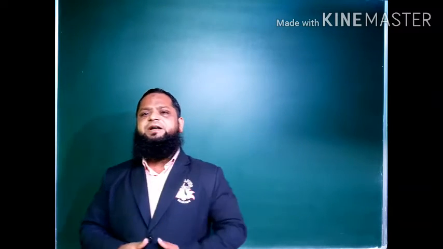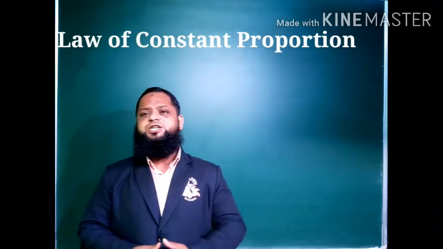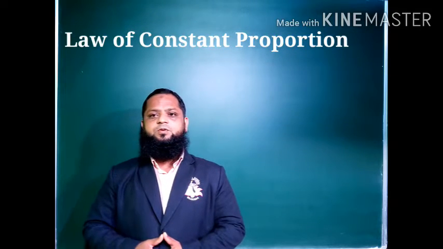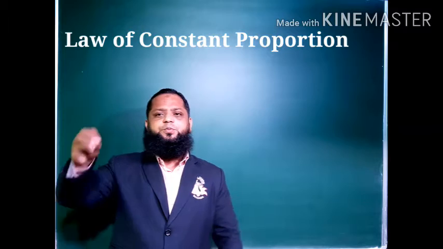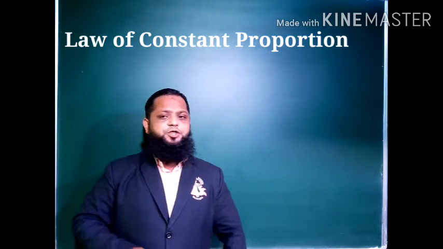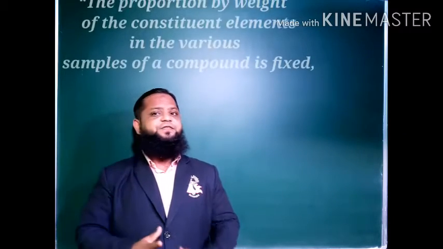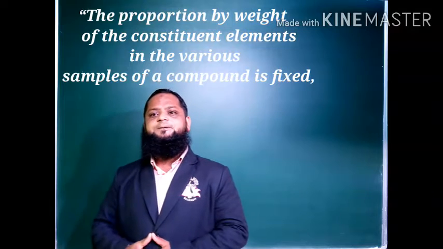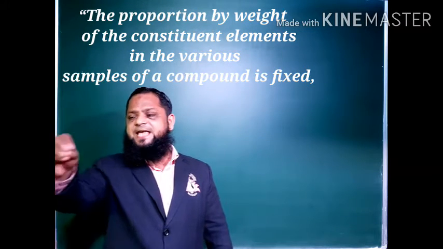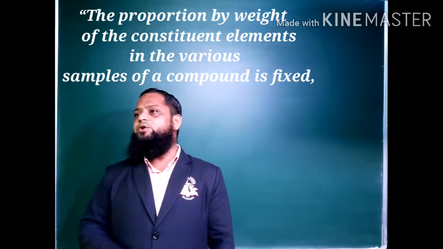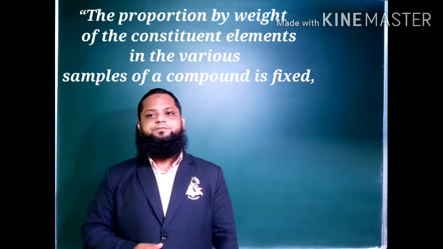Now let's see the third, the law of constant proportion. The law of constant proportion states that the proportion by weight of the constituent elements in various samples of a compound is fixed.